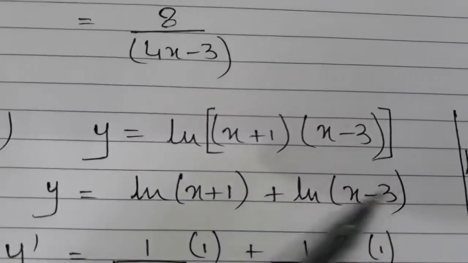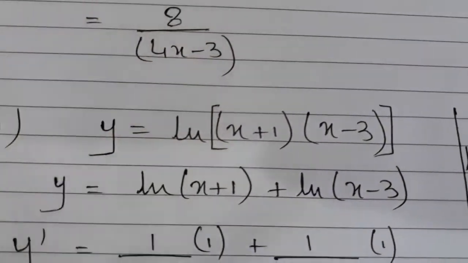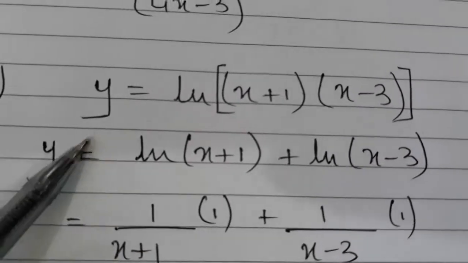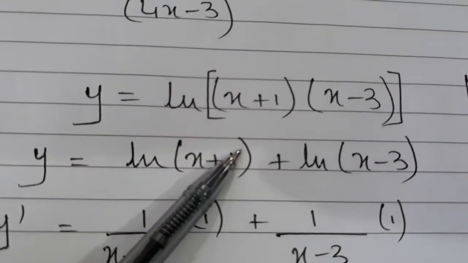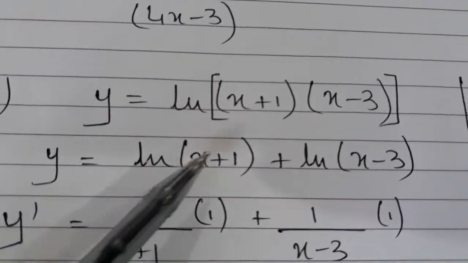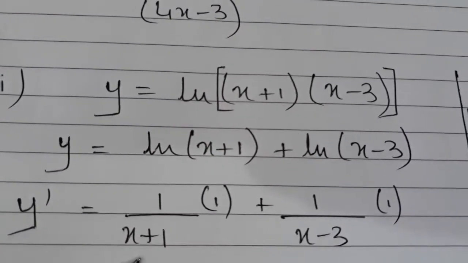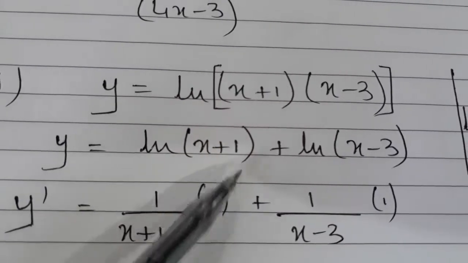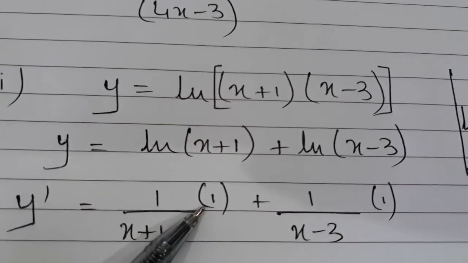So now these are my two terms, and what we have done in the above examples, we will do the same thing here. Now I am differentiating it. I did not differentiate here, I just simplified here the function. So now 1 over this thing as it is, multiply by the differentiation of this. So 1 plus 0, I have written 1.